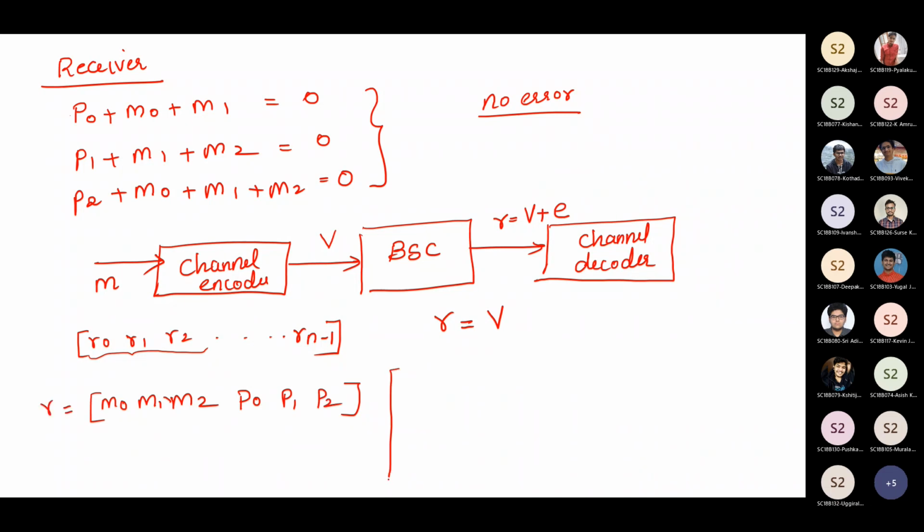So I have to compute this equation. Okay, so first I have to compute this equation, that is P0 plus M0 plus M1. If it is added, I should get 0. So M0 is there, so I am keeping 1. M1 is there, 1. M2 is not present in this equation, 0. P0 is there, 1. P1 and P2 are not there. Okay, so it is 0.